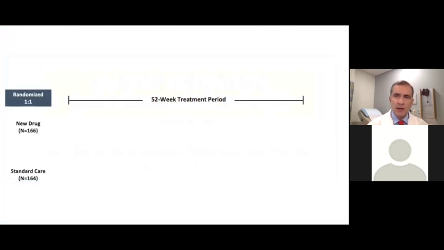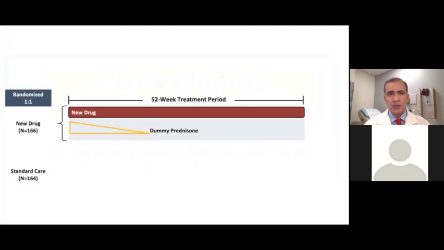Here is a quick overview of the trial design, which I have simplified here for the purpose of discussion, but there was randomization to either new drug or standard care, and the treatment period was 52 weeks, very much like the hypothetical patient that I just showed you who had lupus nephritis.